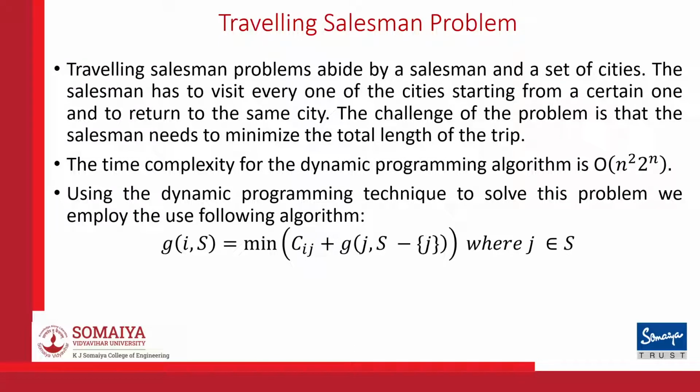Given function g of i, s, we find the minimum of cost of i j plus the given function for g of j, s not including j, where j belongs in s. i and j refer to various vertices and cities in the map, and s is the net set of all cities.